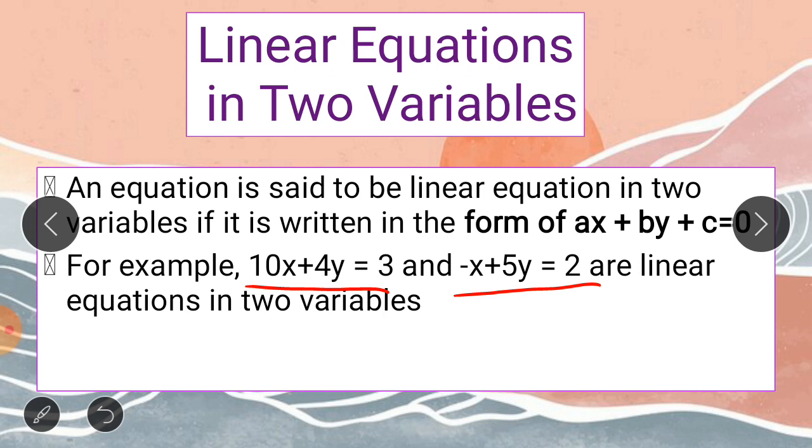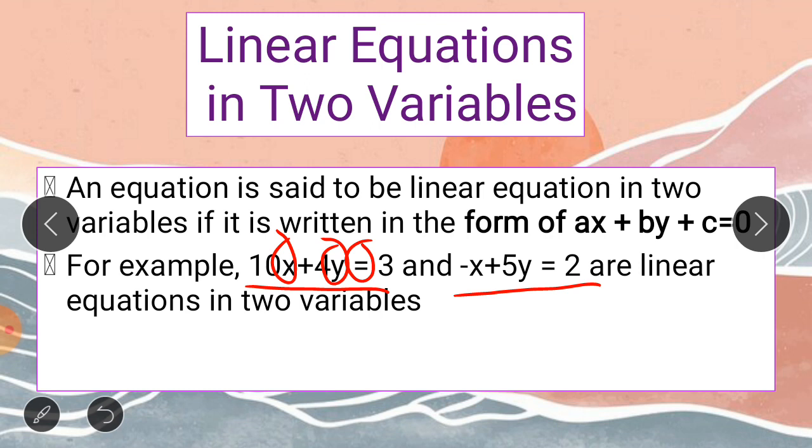Meron ka lang dapat na hanapin na quality ng equation para masabi mo na siya ay linear equation in two variables. So ano yung mga quality na dapat mong hanapin? Dapat siya ay may x, may y, at may equal sign. Hindi mahalaga kung nasa kaliwa o kanan si x or si y.